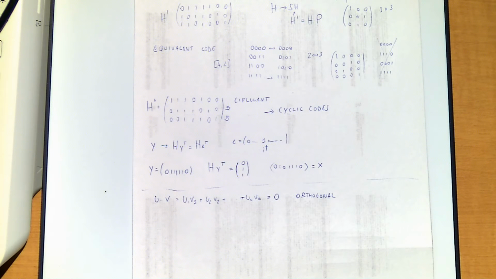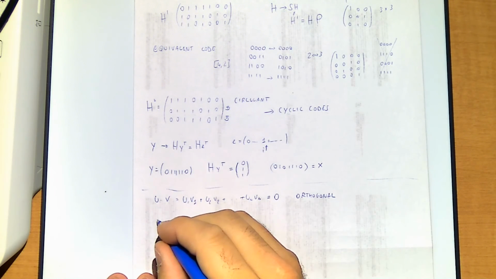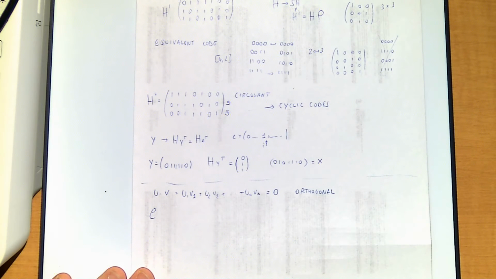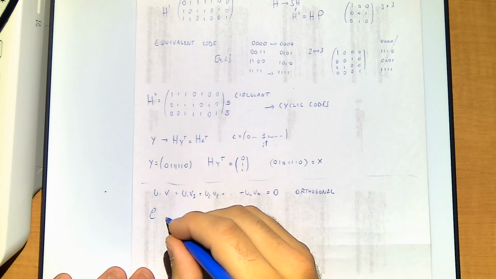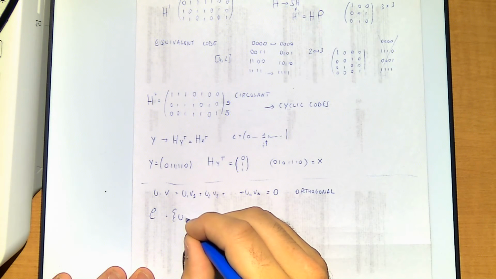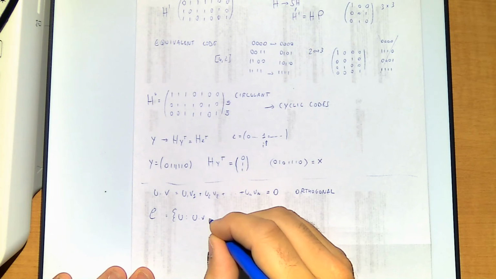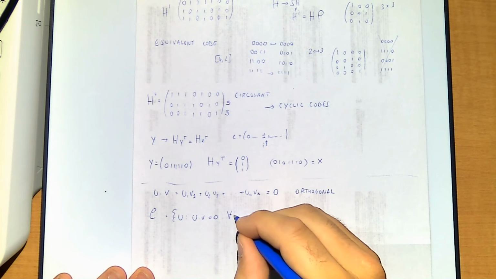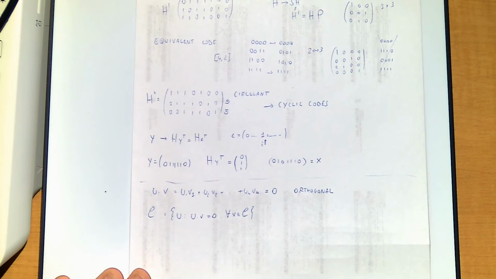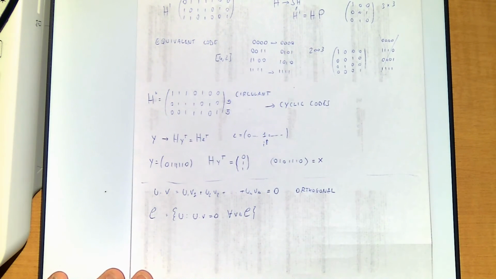And okay, so then this defines an interesting idea. Suppose that I take a code C, which is formed by a bunch of code words, right? And then I define a set of words U such that U times V is equal to 0 for all V in C. So I take now the set of all the words that are orthogonal to the code.